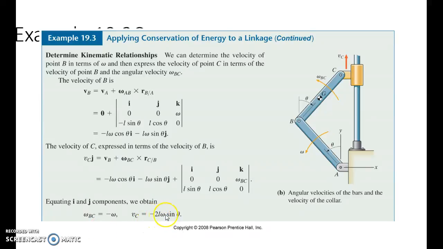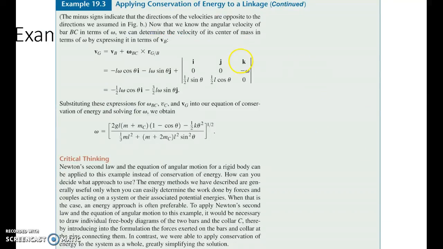So I can get that, what was my other unknown? It was VG, right? So I can apply my kinematic relationship 1 more time here, using VB, which is known, the velocity at point B, and then using my omega cross product again.